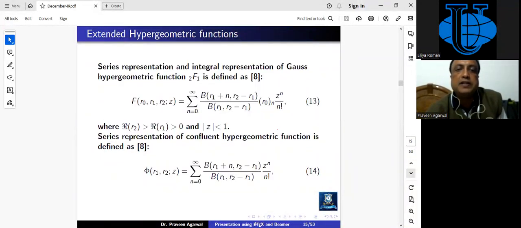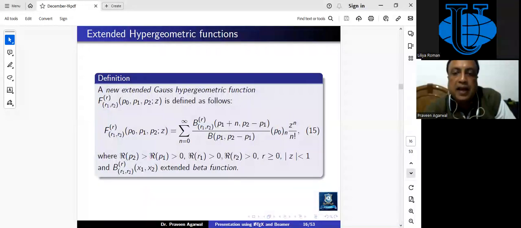Then the series representation and integral representation of the Gauss hypergeometric function 2F1 is given by equation number 13, and the series representation of the confluent hypergeometric function is given by equation number 14.